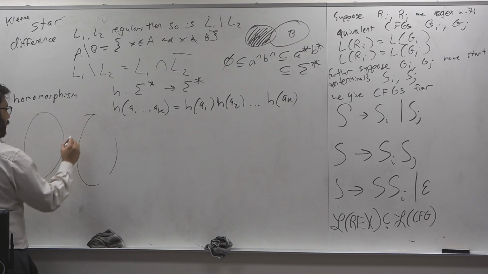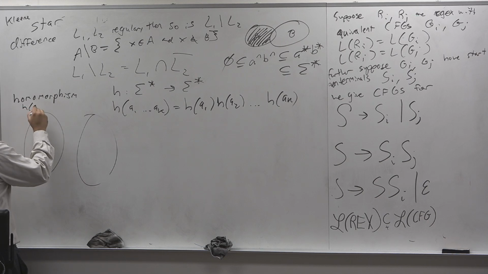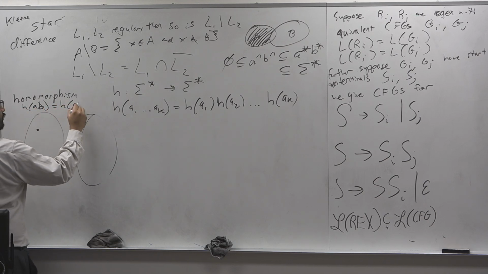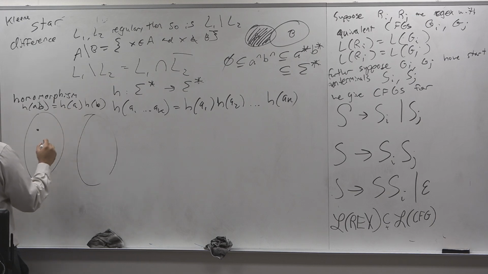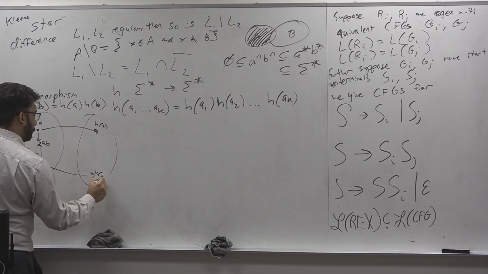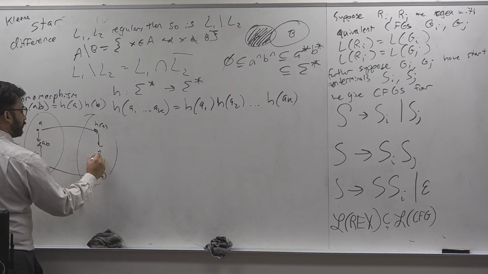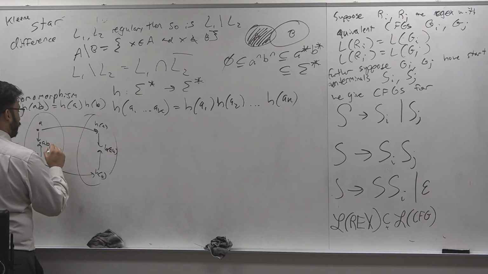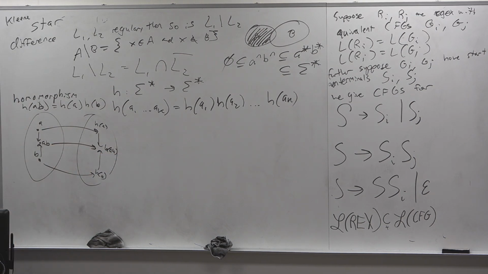Let's say we want h of AB to equal h of A, h of B. You can concatenate A and B to be AB, then map it. Or you map A to h of A, map B to h of B, and then if you concatenate them after, you're promised to get h of AB, which is what would have happened if you mapped the element AB itself. So you can either do the concatenation before and then take the map, or take the map and then do the concatenation.